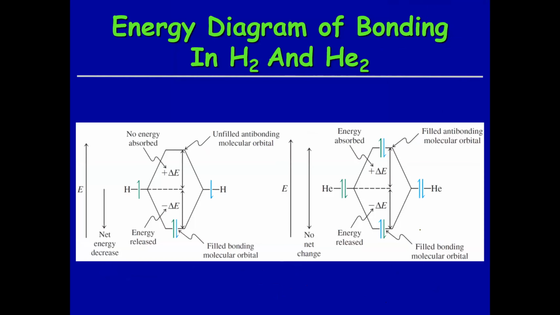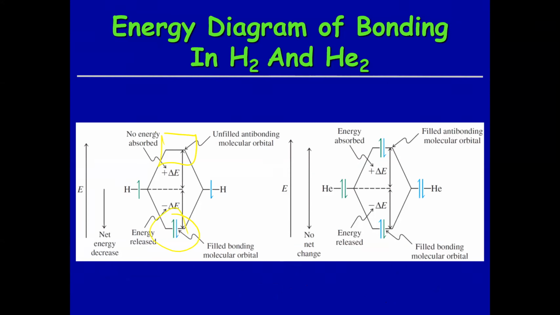So, for example, H2 and He2. Which one of these exists? H2. Okay, let's see why. So when H2 is produced, you have 2 electrons in the bonding orbital and 0 in the antibonding orbital. Therefore, this is a stable compound.